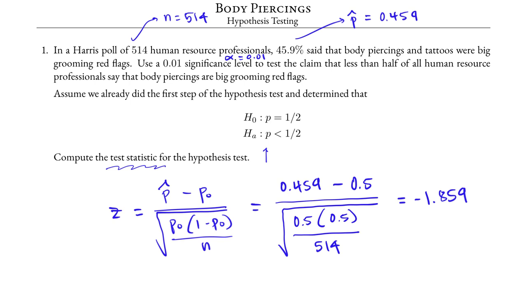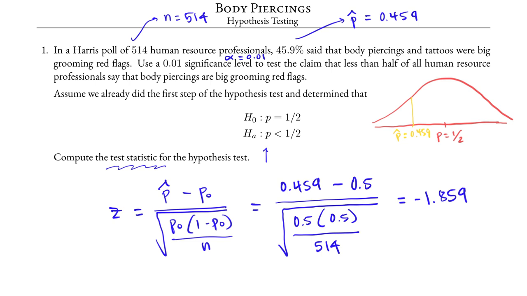But what is the test statistic that we just found? When we perform hypothesis testing, we rely on sampling distribution. In this case, we determine that it is left-tailed. Remember that the assumed null hypothesis is p equals 1 half, and from the sample, we found that the proportion from the sample is p hat equals 0.459.